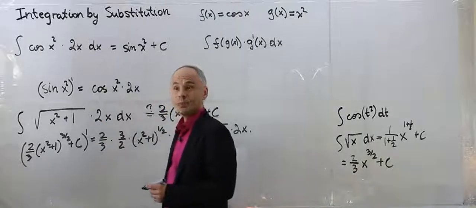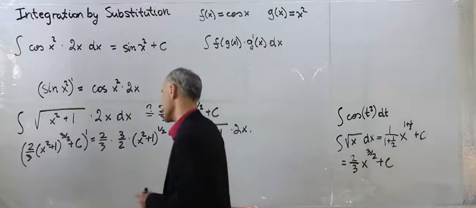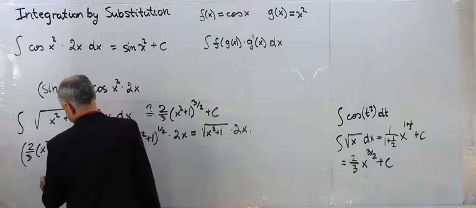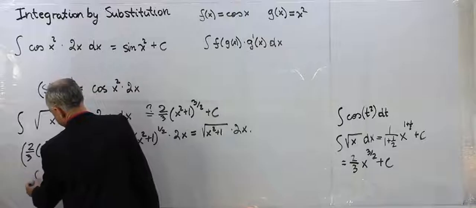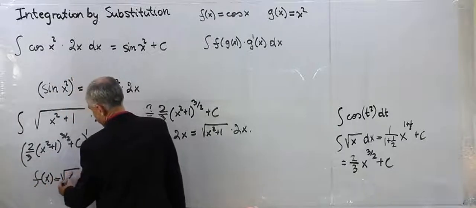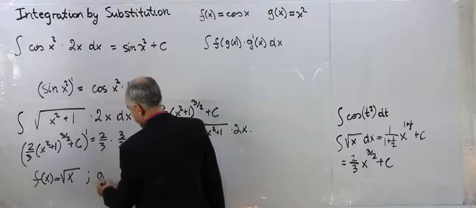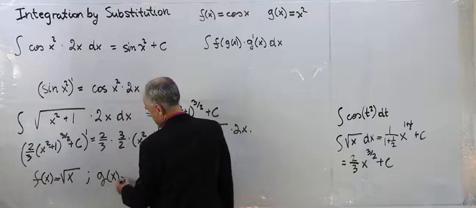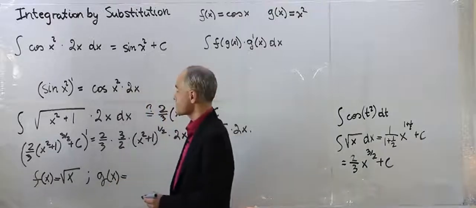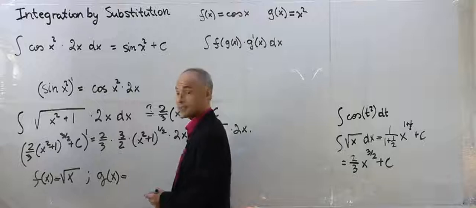Anybody? What's f of x? The square root of x. Let's see. So if I let f of x be the square root of x, and then if I let g of x be x squared.